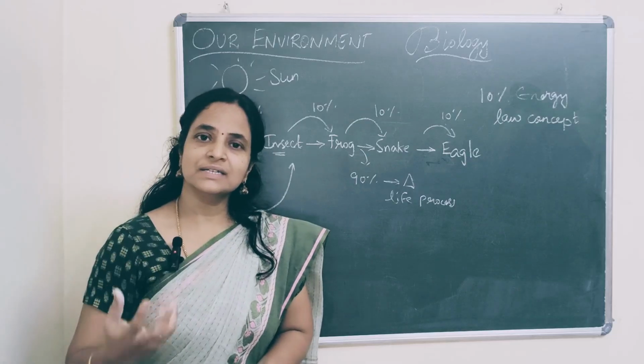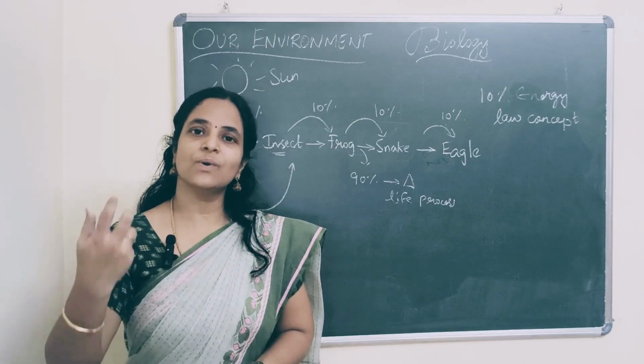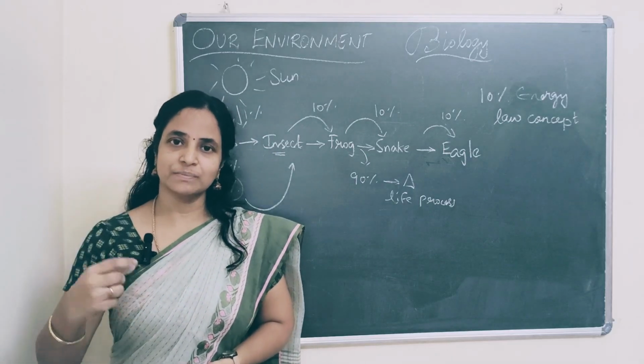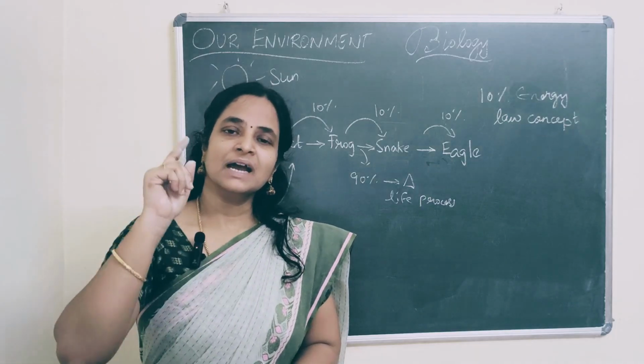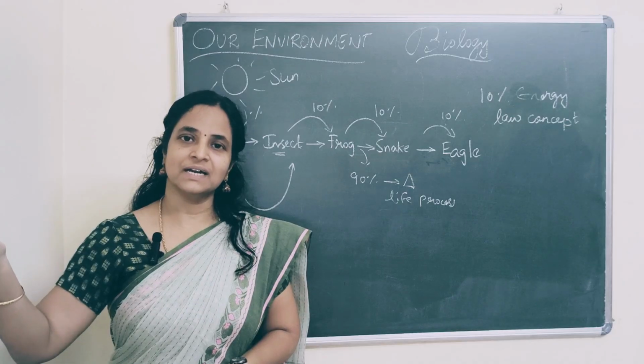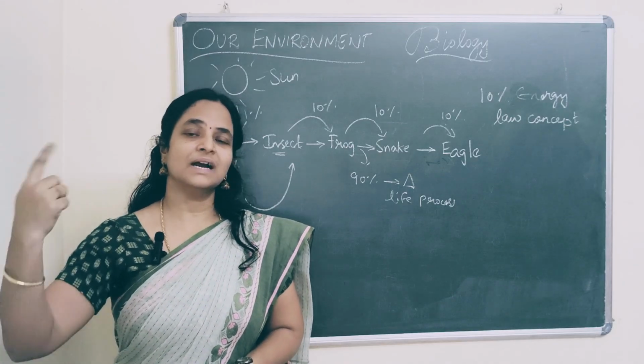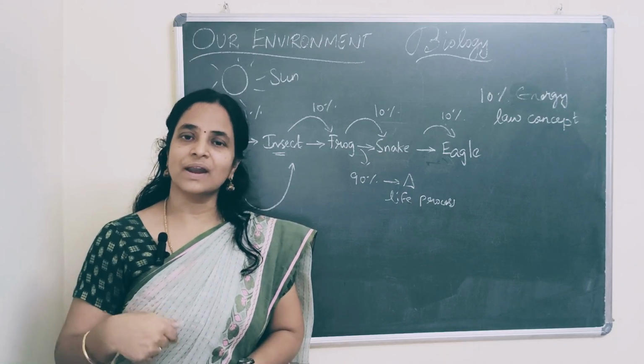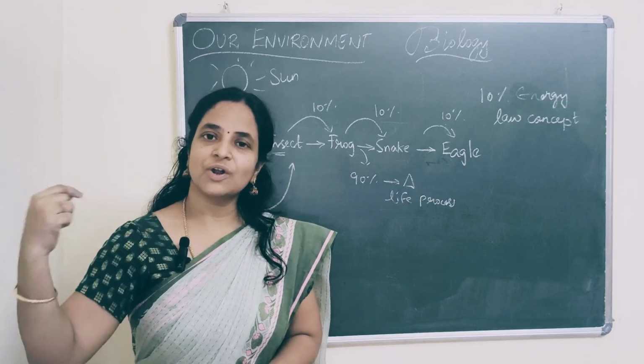So when that plant is consumed by a herbivore, and that herbivore is fed on by a carnivore, then that is fed on by a big carnivore, and finally when that big carnivore is consumed by us, what will happen? The toxins keep on depositing.